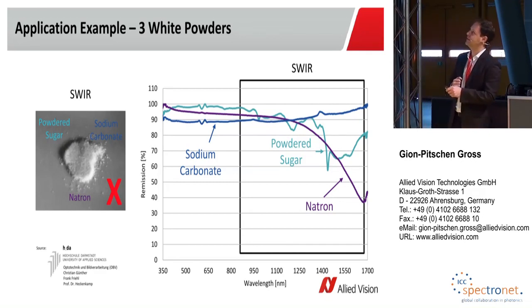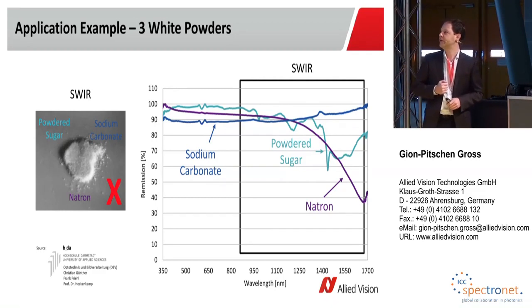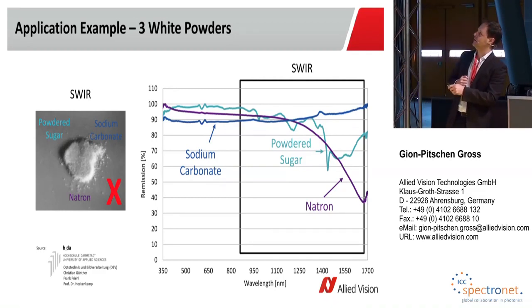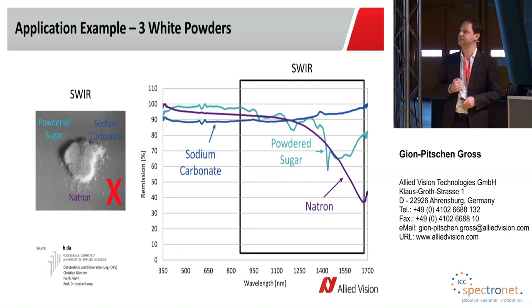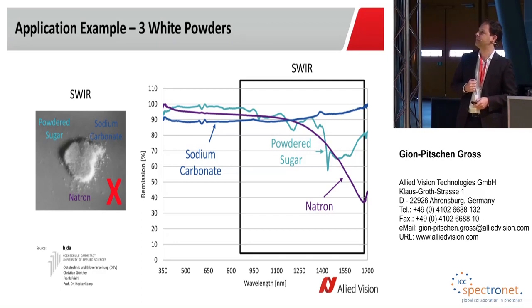The reason for this is that at the lower part of the SWIR region, the curve is still very high and is able for all the 3 substances to saturate the sensor quite well. So what do we do now? Okay, no distinction possible.